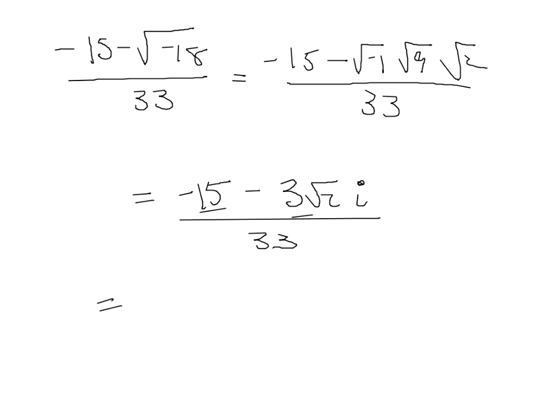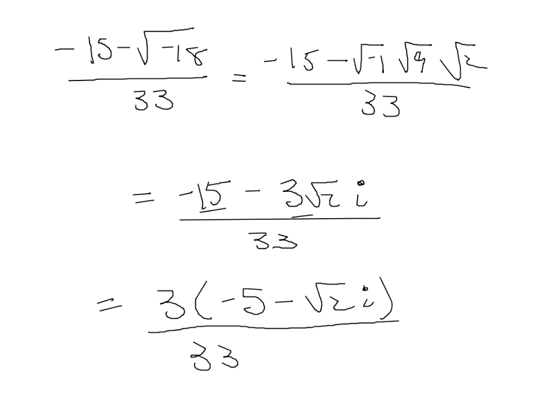I'm going to factor out a 3 here. And 3 goes into 33 11 times. So I end up with -5 minus square root of 2 i all over 11.